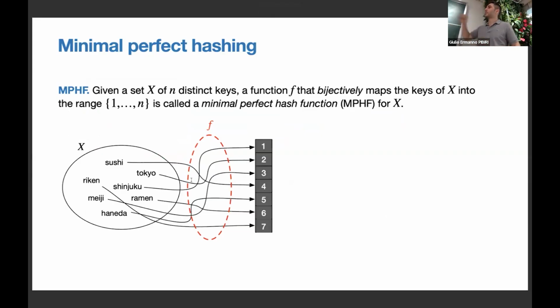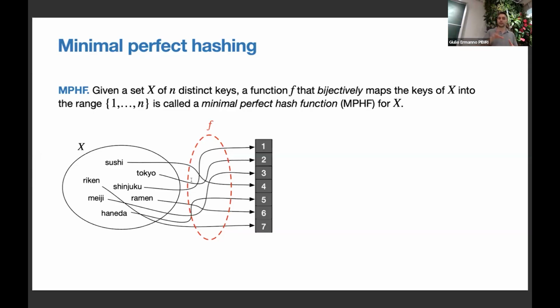A minimal perfect hash function f for a set of n distinct keys is something that maps these keys bijectively onto the range 1 to n. So you have an example here. You have your favorite collection of strings: Tokyo, Shinjuku, ramen. They must all, of course, be distinct, otherwise the problem doesn't make sense.